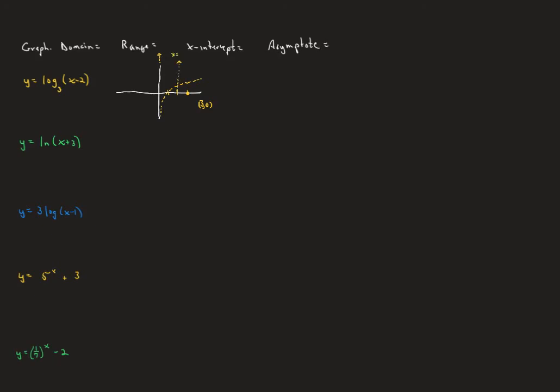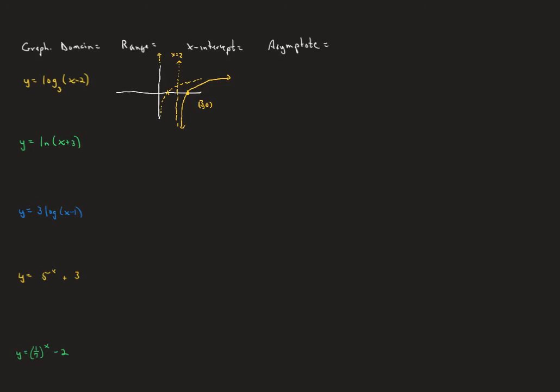So that's going to be our x-intercept, and it's going to have that same logarithm shape. Those are the three things that I'm looking for when you graph these: where does that point that was the x-intercept end up, what's the asymptote, and what's the basic shape.